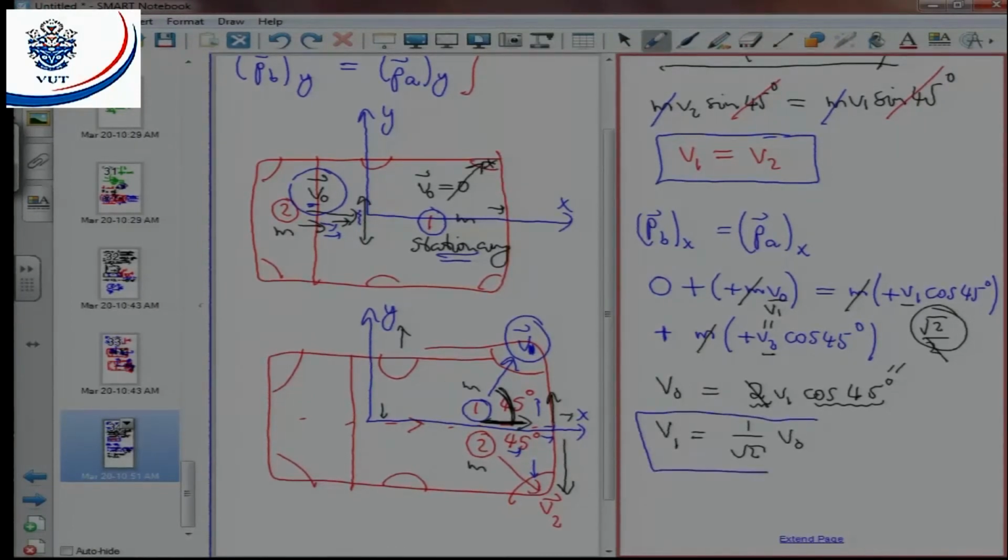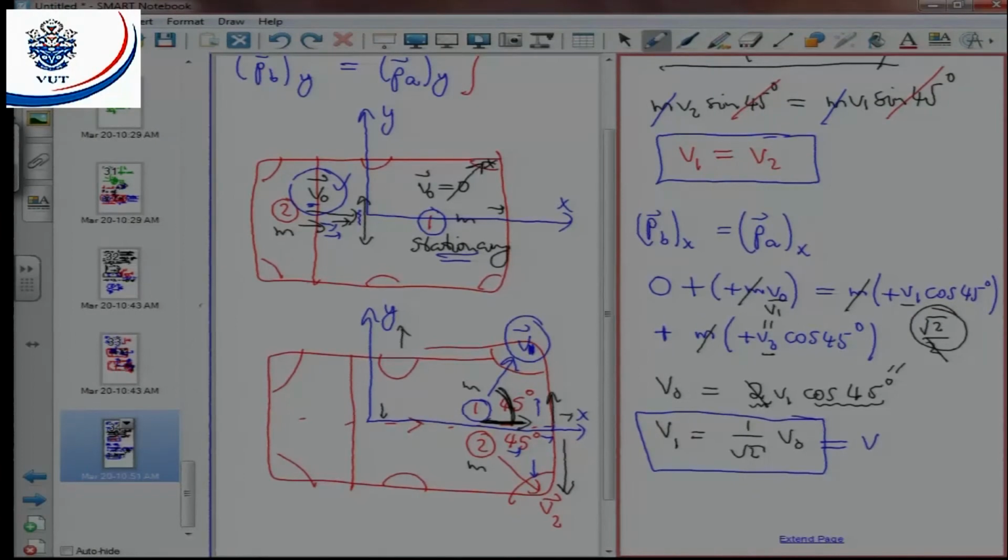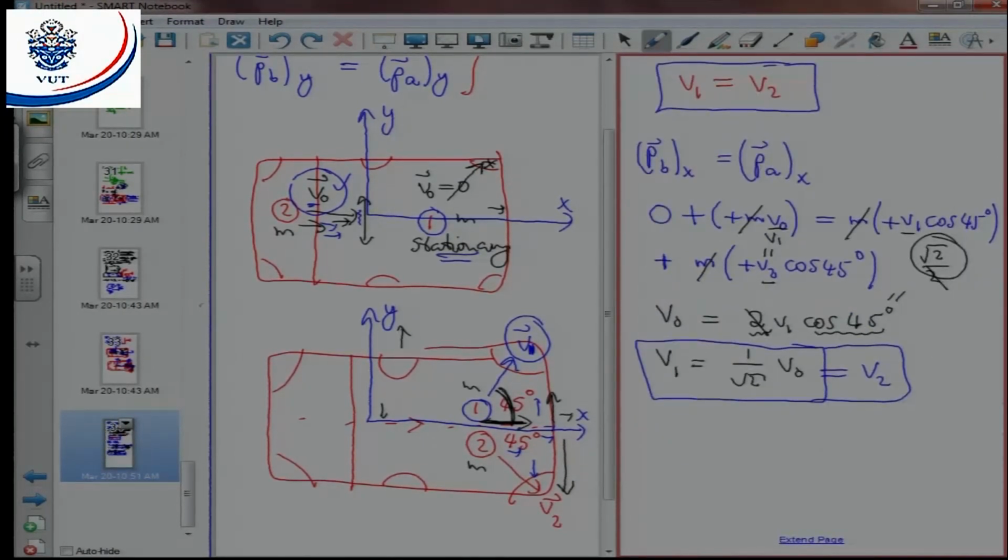So v1 is 1 over square root 2 times v naught, and in most cases v naught is given, but we said v1 is v2, so we have both v1 and v2, and that solves our problem. So how would you quote the final answer? Remember that v1 is a vector, so it will have the magnitude 1 over root 2 times whatever v naught is.